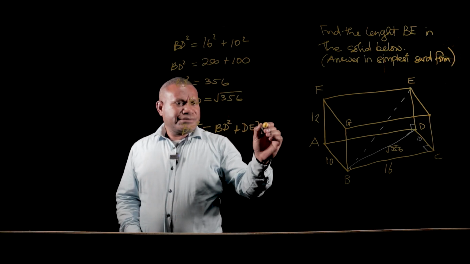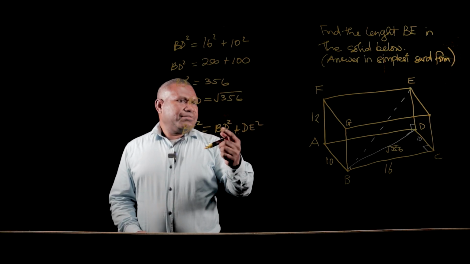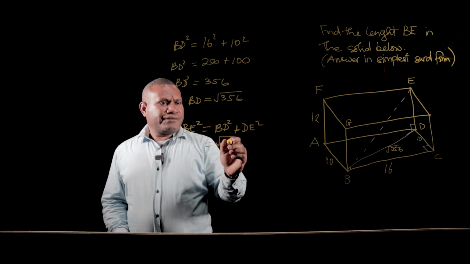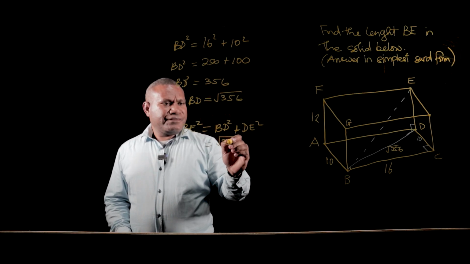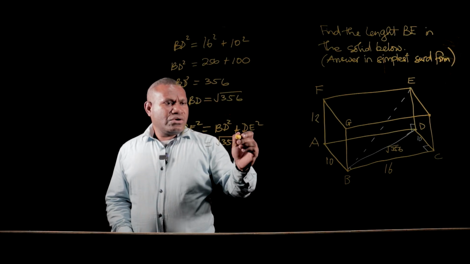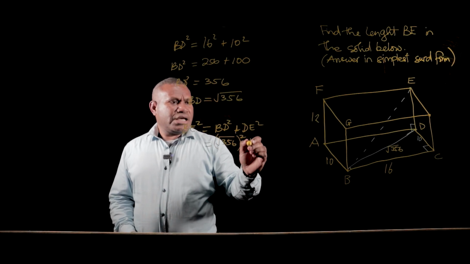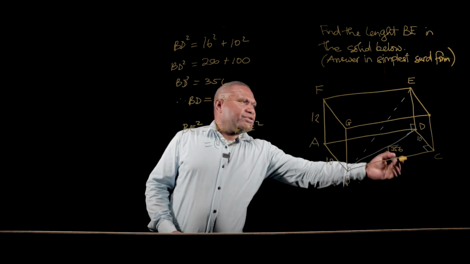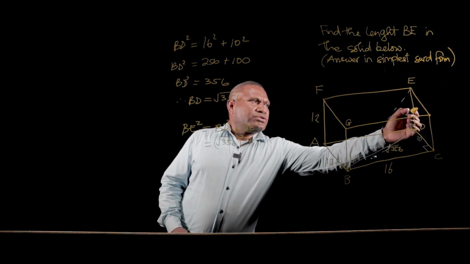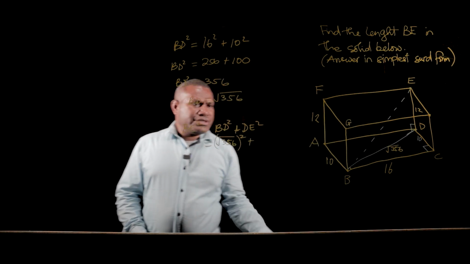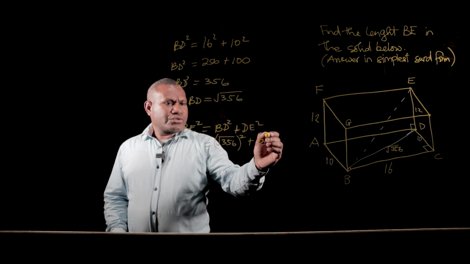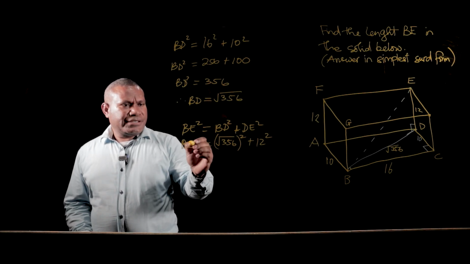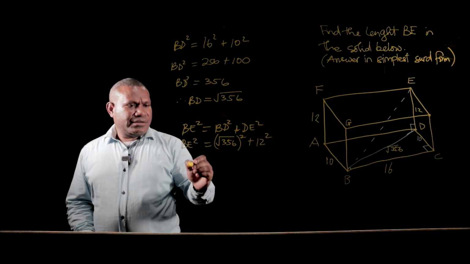We know this length here, BD, is the one that we have calculated. That will be the square root of 356. So we square that plus DE. If this is 12 centimeters or 12 units, then this is also 12. Right, so we say 12 squared. So this is BE squared.